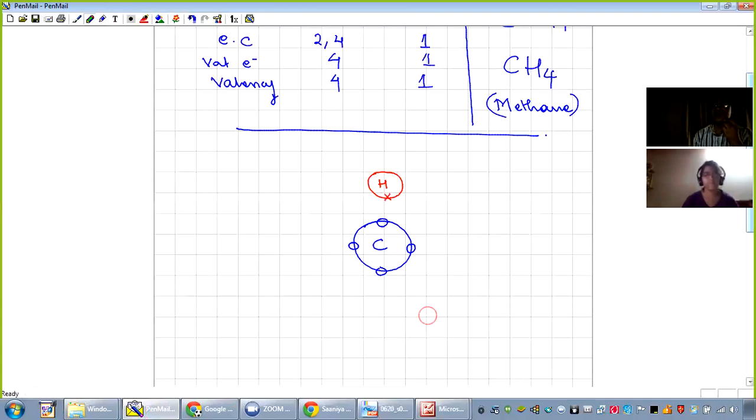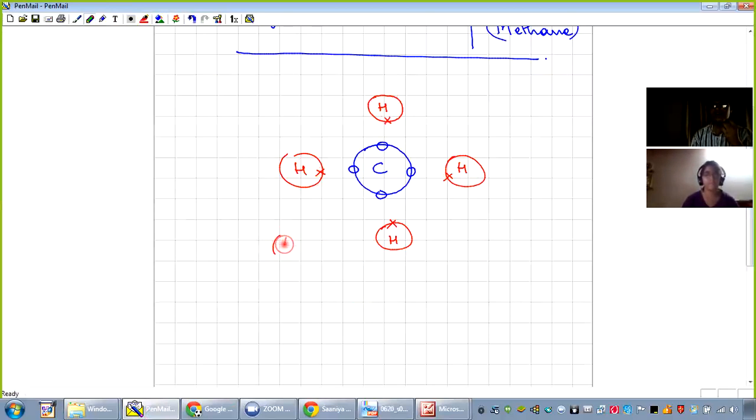I'm going to show this with the help of a cross. After all of these combine, just show the shared part. Just draw it in your book.